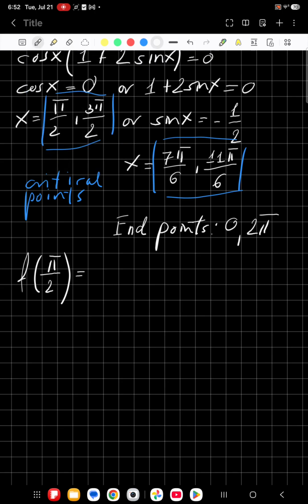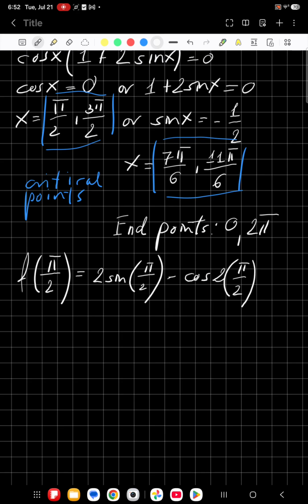So we have 2 sine pi over 2 minus cosine 2 times pi over 2.